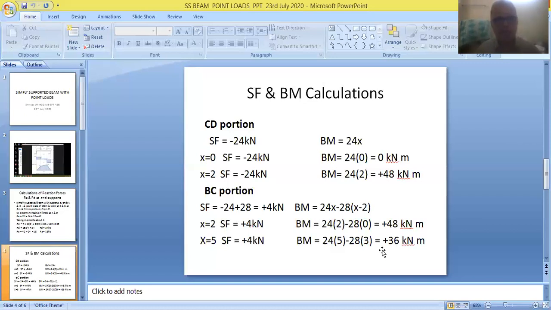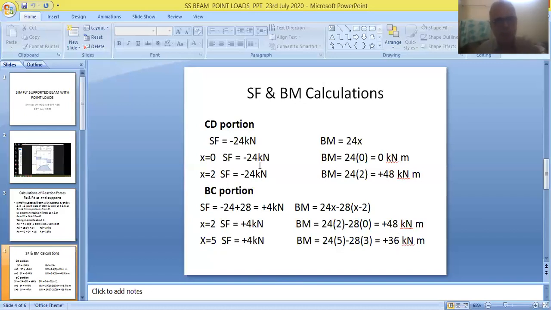So friends, for the BC portion, we are framing equations in this manner, and we are fixing the limits, and for each and every limit we are measuring SF values for lower and upper limits, and also BM values for lower and upper limits.